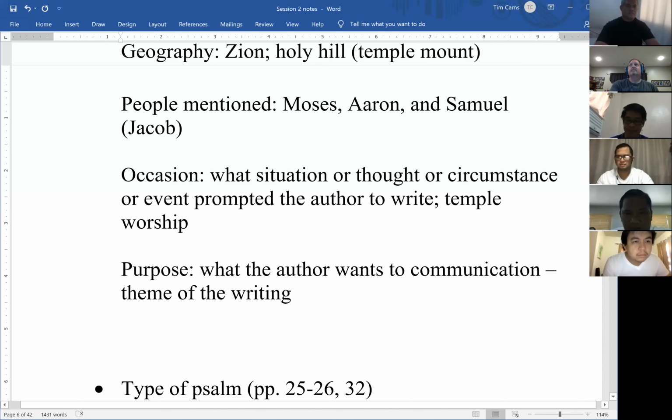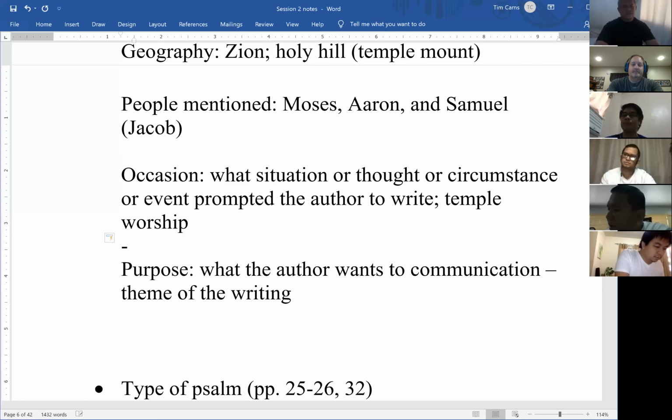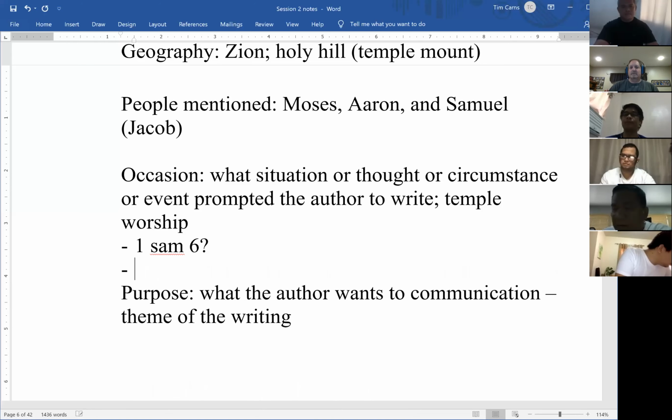This is the time when David got the Ark of the Covenant and is bringing it into the city of David. The temple is not yet built, but he's bringing it to the city of David. It can be the occasion.